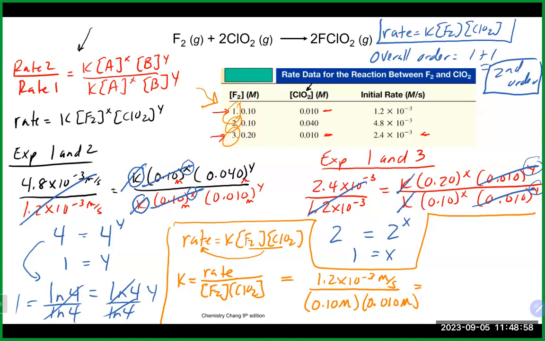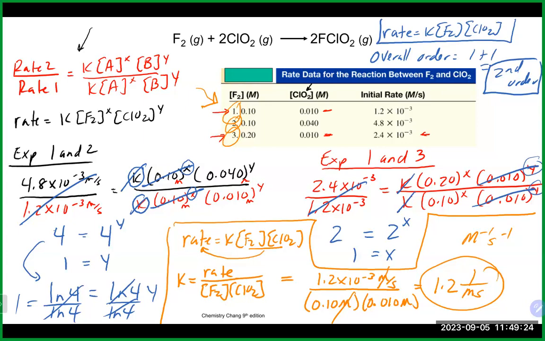That's going to give me a rate constant of 1.2. The units in this case are molarity on top, molarity on the bottom, which cancel, leaving 1 over molar seconds. Sometimes people write it something like that as well. So 1 over molar seconds is the unit associated with this rate constant.